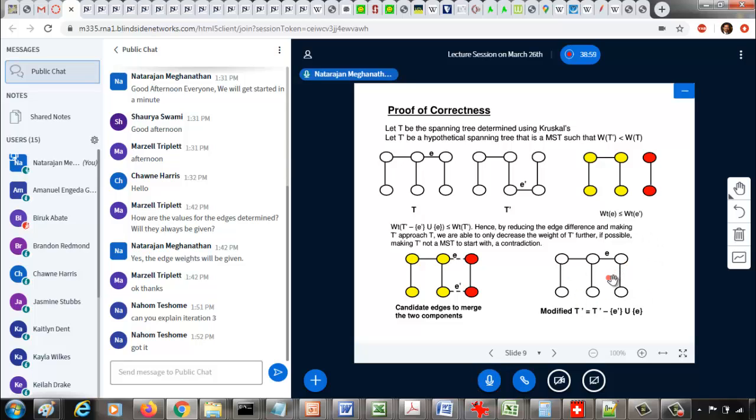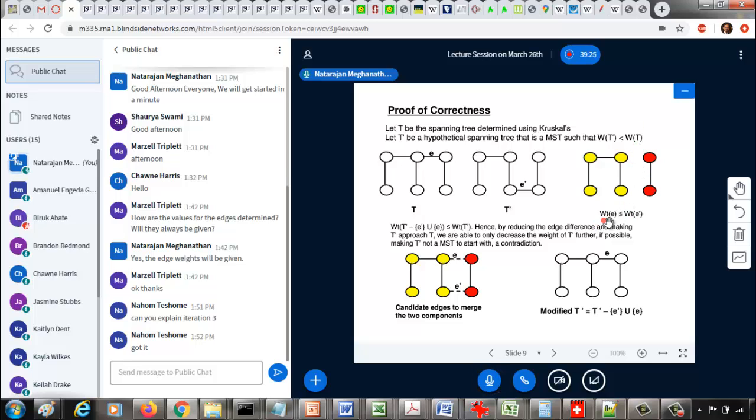Now what's going to be the weight of this modified T prime? It depends on the edge weights of E prime and E. We can claim that the weight of E is less than or equal to the weight of E prime, because E was the edge used by Kruskal's algorithm to connect these two components, and Kruskal's algorithm always picks the edge with the smallest edge weight connecting the two components.